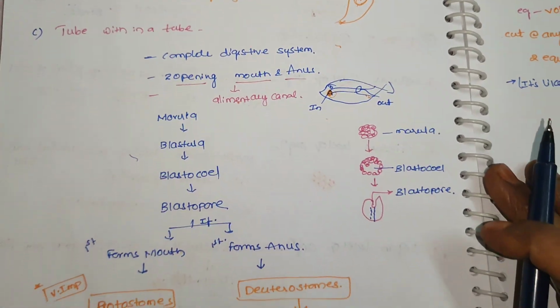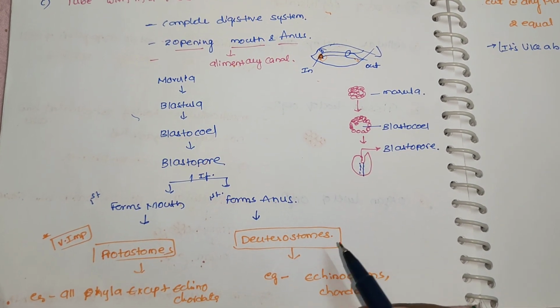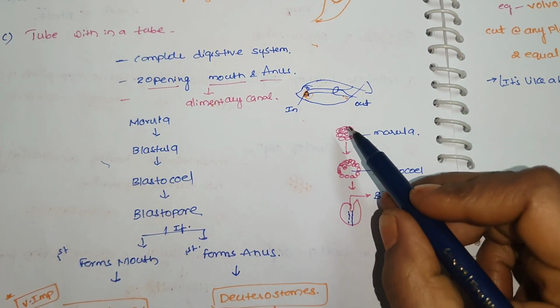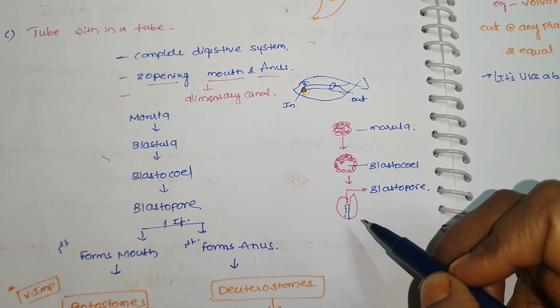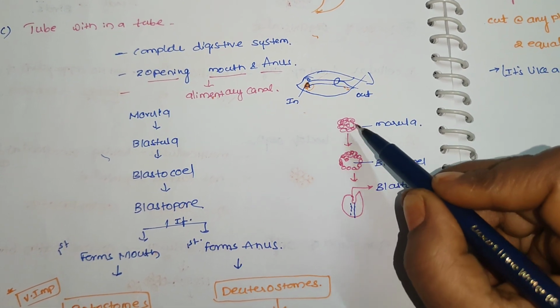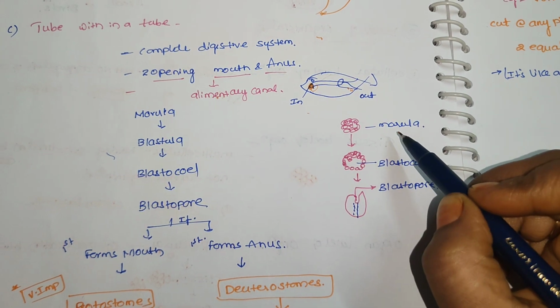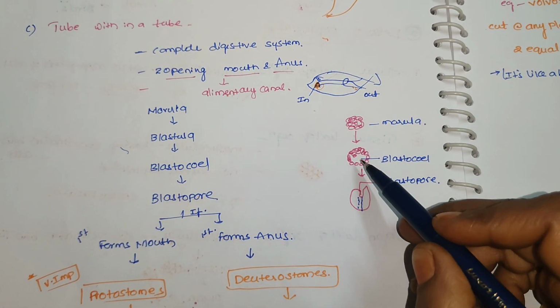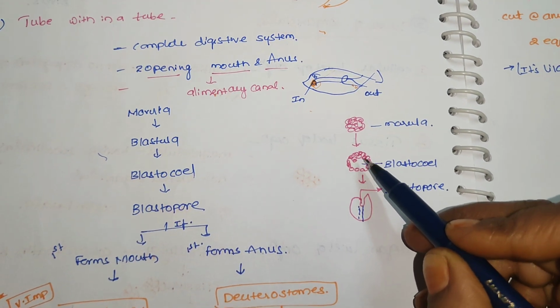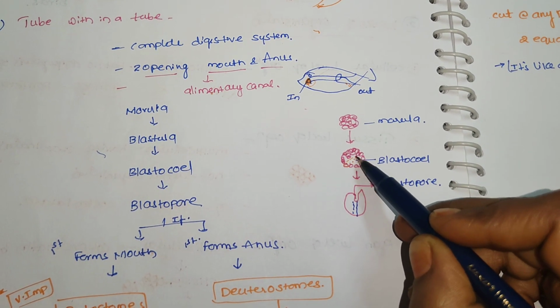Here we have to know about the protostomes and deuterostomes. Here we have cleavage types. After fertilization the zygote forms. Then multiple cleavages occur by mitosis, that is morula, blastula. At the blastula stage, the blastocoel is present. Coel means space, open space.